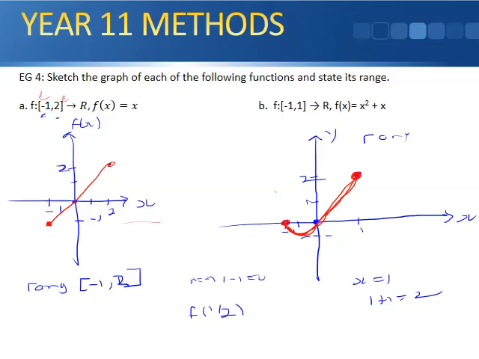So f of -1/2, halfway between 0 and -1. I get -1/2 squared gives me 1/4 plus -1/2. So I'm going to get -1/4. So the range will be from -1/4 inclusive all the way up to 2.